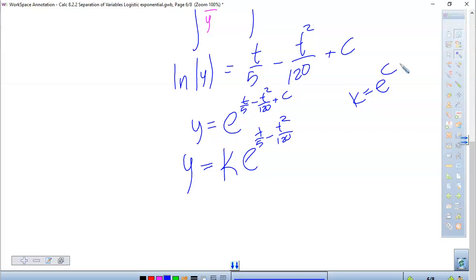Plug t in for 0, and what do you get? Y equals what? And what's k? So 3 equals k. If 3 equals k, then 3 equals e to the c. Right?